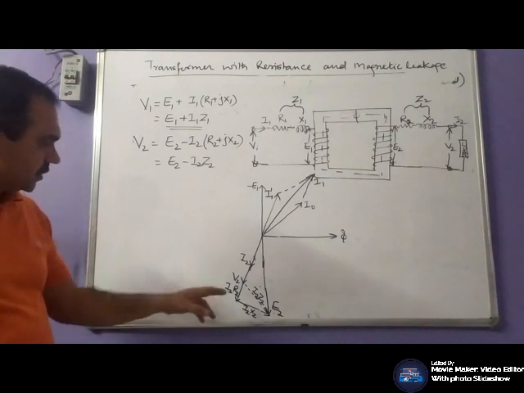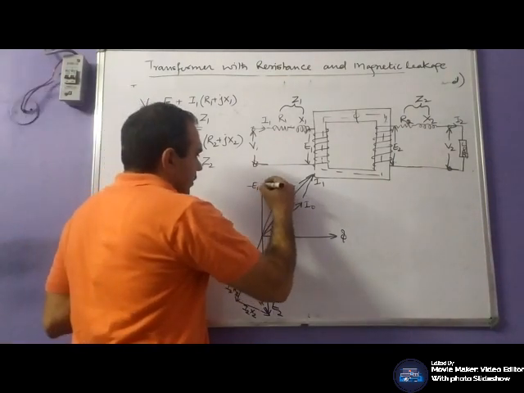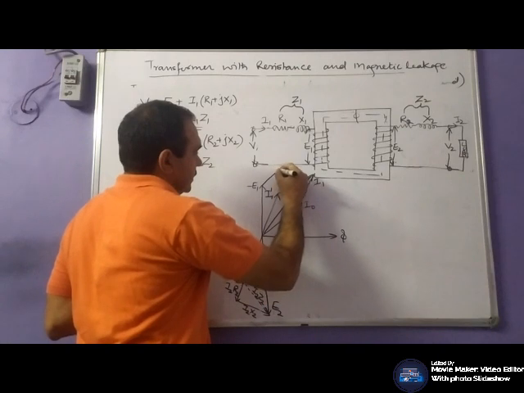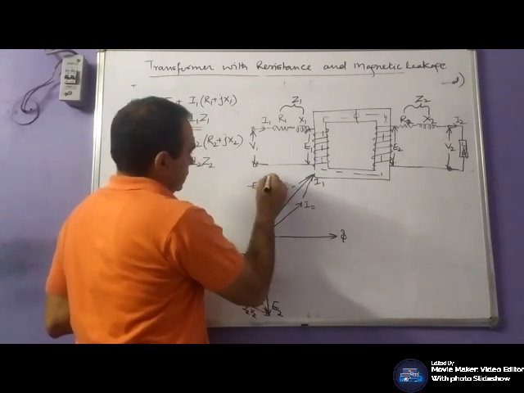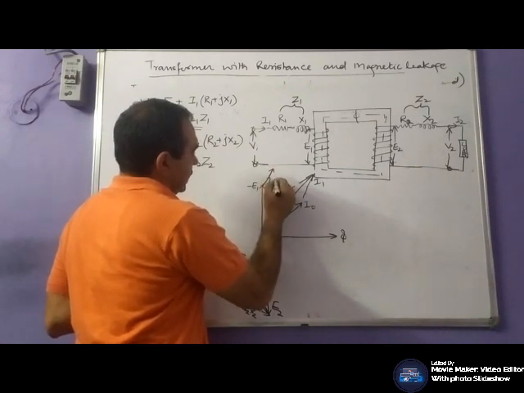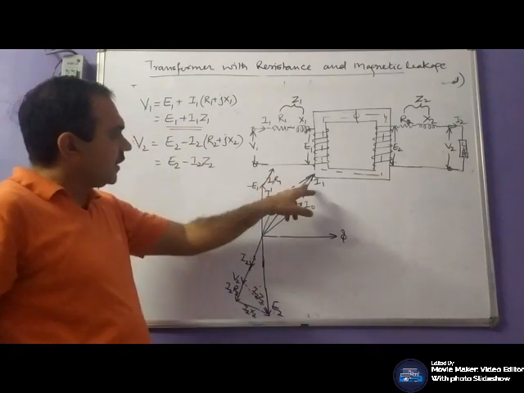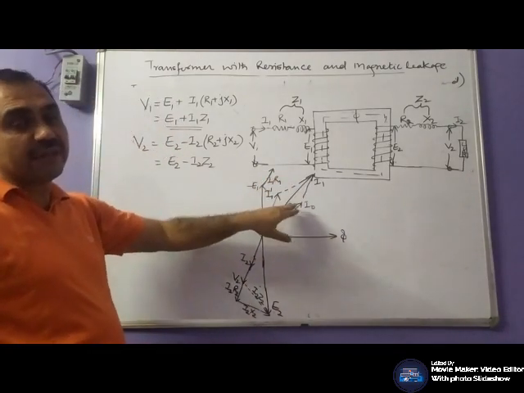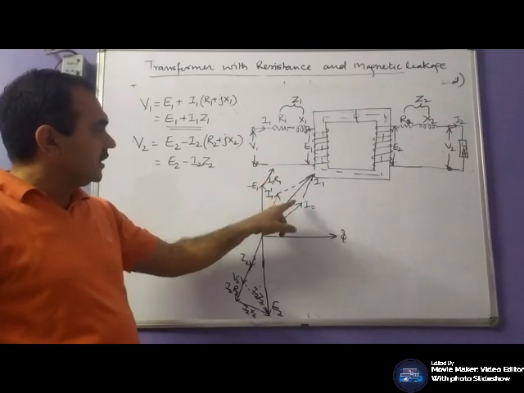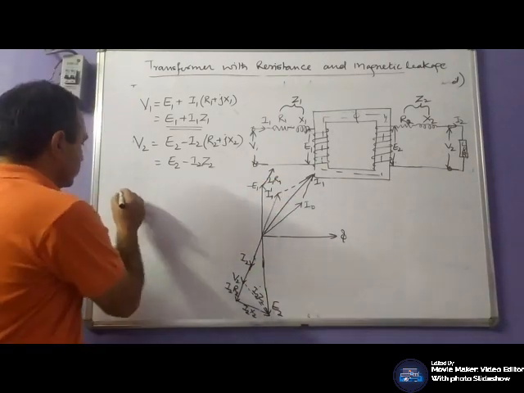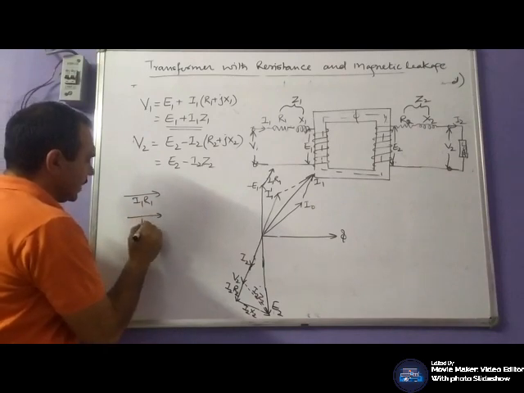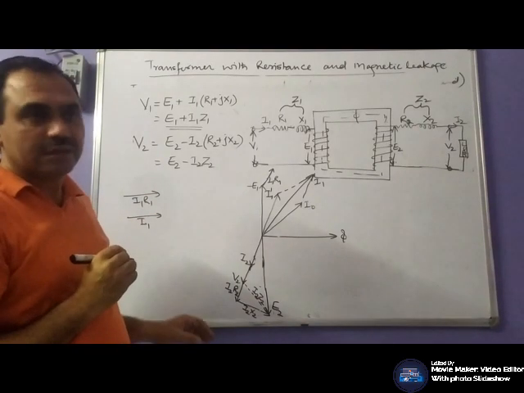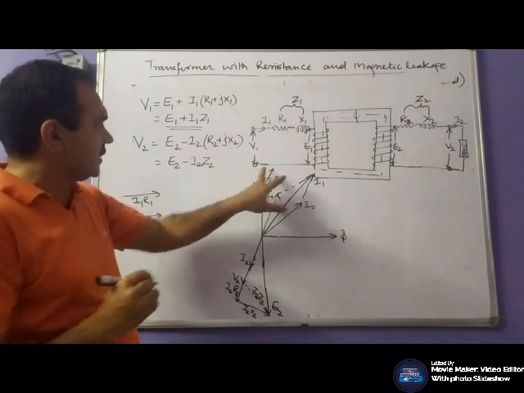Now the drop across resistance, I1 R1, would be in phase with I1. Both would be in the same phase. The phase angle between I1 R1 and I1 would be 0. So we have represented I1 R1 here, and let us say the phasor being drawn is I1. Both are in the same phase.